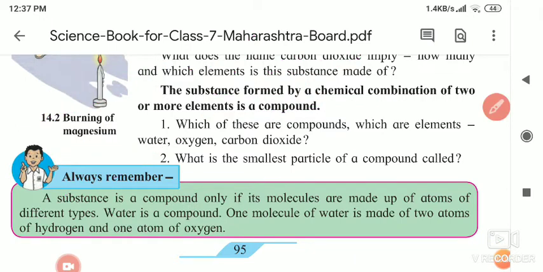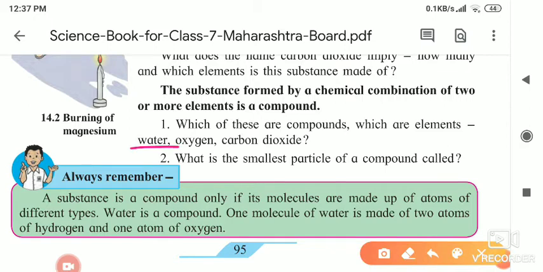Now the next question is, which of these are compounds and which are elements: water, oxygen and carbon dioxide? At that point I forgot to tell you, the substance formed by a chemical combination of 2 or more elements is called a compound.